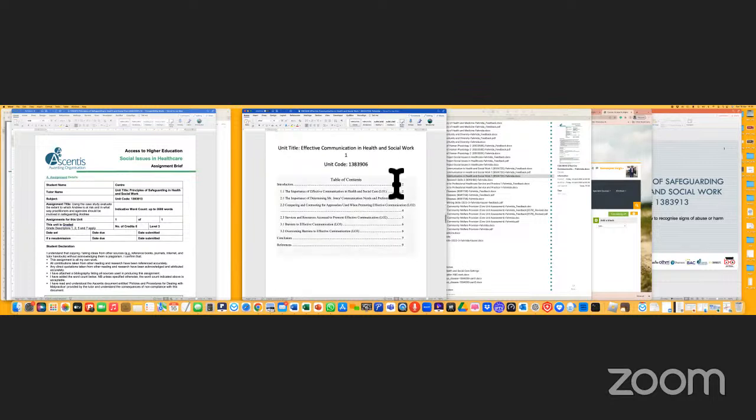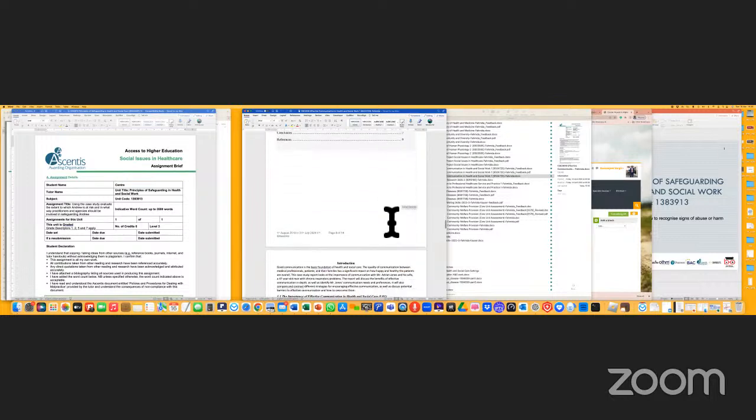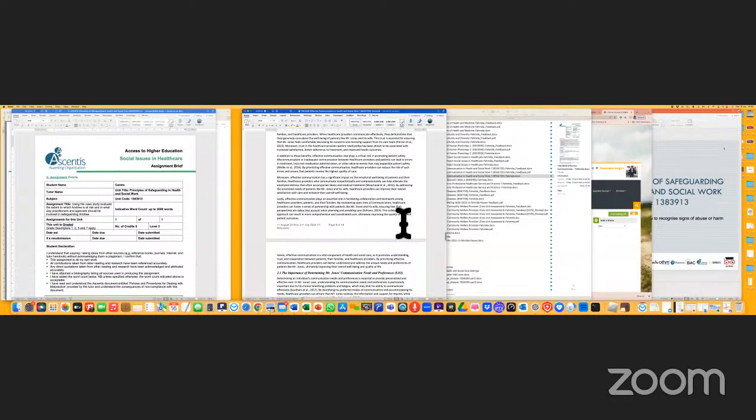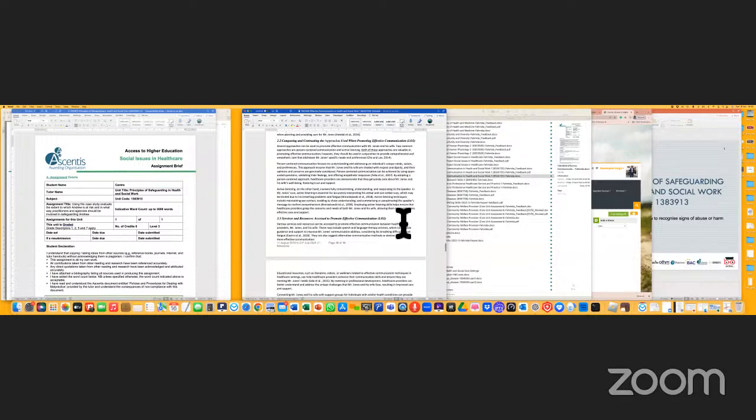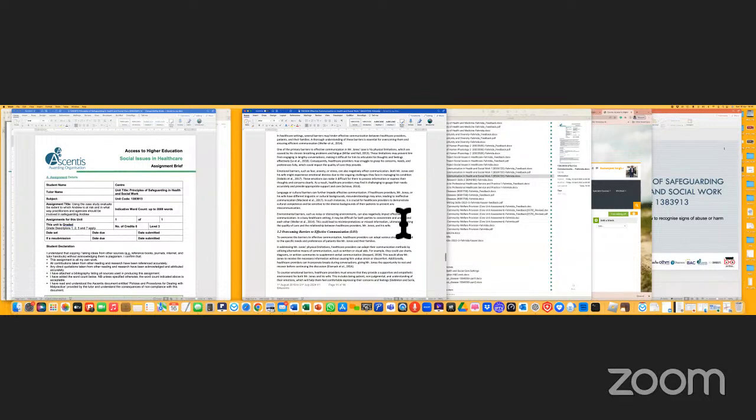As you can see, a clear heading, unit code with the table of contents, and then look at the assignment. I will show you feedback on this as well.